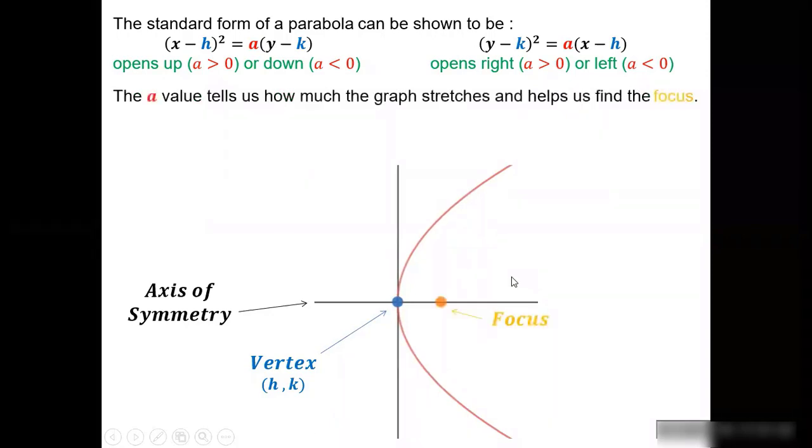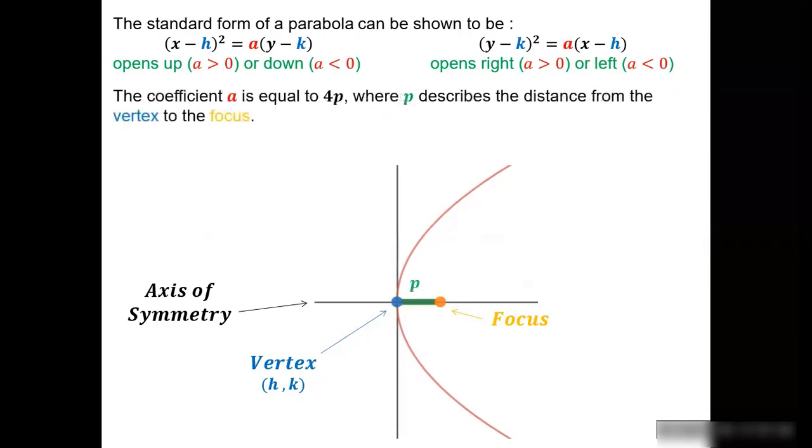Now there is an important point that lies inside of the parabola referred to as the focus. And this value of a in standard form will tell us how much the graph stretches in order to create some new shape, some new form. Well, the important part about this a value is that this coefficient called a is equal to 4 times p, where p describes the distance from the vertex that we should know, hk, to the focus.